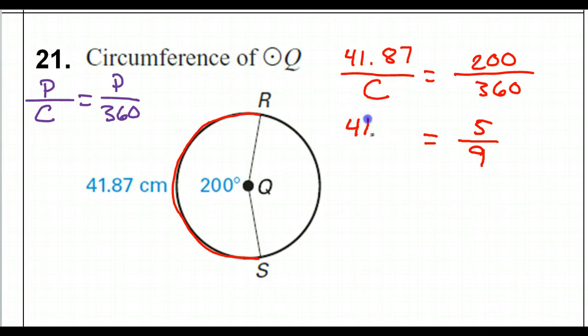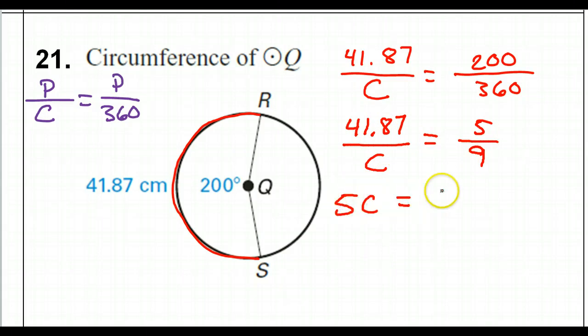So this will be 41.87 over c is equal to 5 over 9. So as we cross multiply, we're just going to have 5c equals whatever 9 times 41.87 is, 376.83.